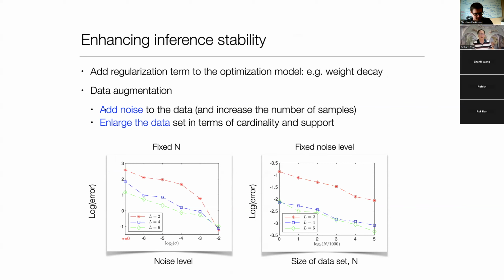Suppose you don't want to do that, then based on our experience in this linear problem, we can add noise to the data, but at the same time we better make sure that we increase the number of samples. And then see what's happening.